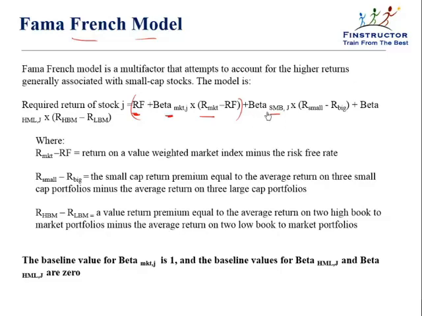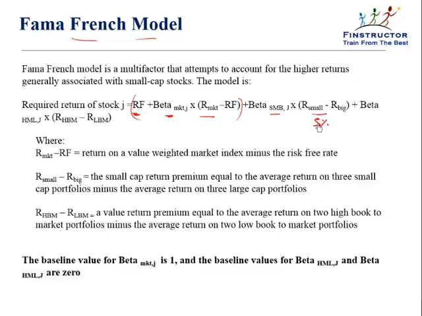So plus beta times the return on small companies minus the return on big companies. So generally it is seen that small companies outperform big companies by about 5%. For example, RM minus RF will be 5%.